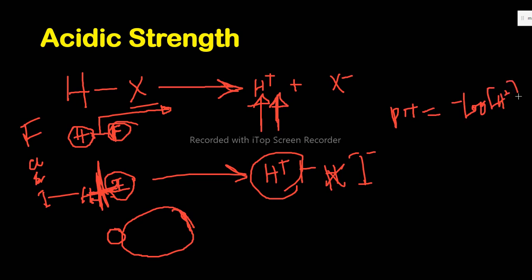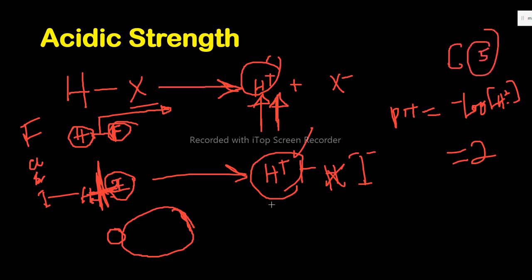So if you measure the pH for this solution, since the concentration of hydrogen ions is so high, the pH is going to be low, like 2. But for this one where you have very little concentration of hydrogen ions, you have a pH which is almost like 6 or 5. You can imagine. So this one therefore becomes more acidic than this solution. Have I explained? Yes.